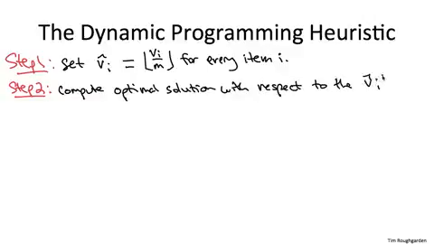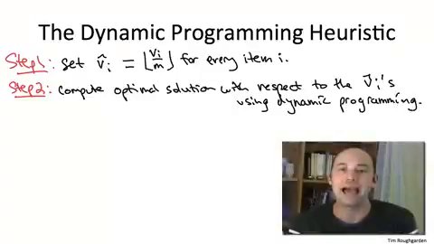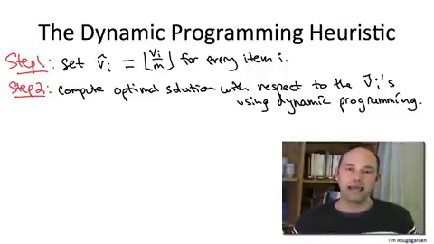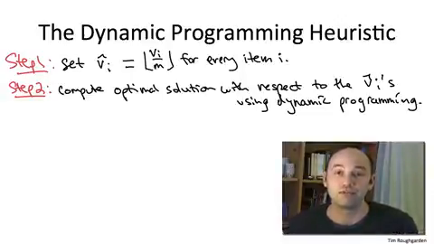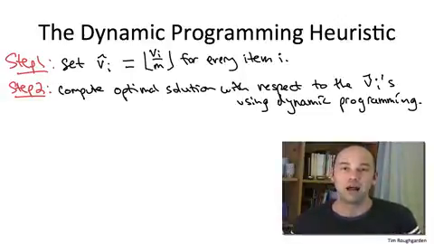This algorithm, as stated, is underdetermined. That's because I haven't told you how to set the parameter m. We do at least understand qualitatively the role of m and how it influences the accuracy running time trade-off. Specifically, the bigger we set m, the more information we lose when we round the original values, the vi's, to the v hat i's. More loss in information should translate to less accuracy.